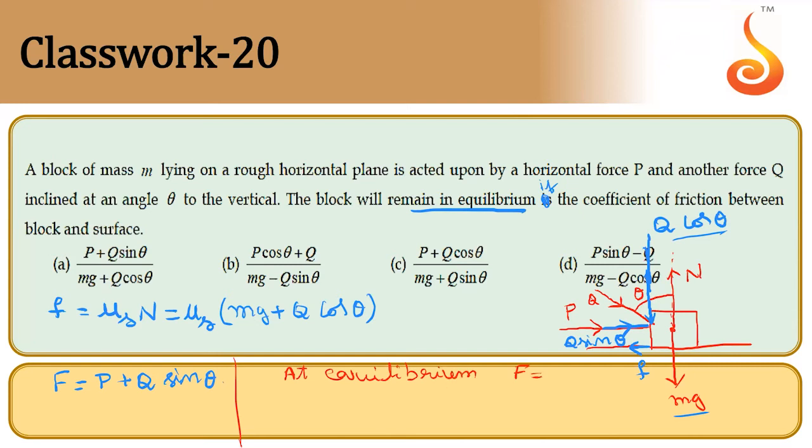Now at equilibrium, the applied force should be equal to the frictional force. So it should be mu s into (mg plus Q cos theta) equals P plus Q sin theta. So mu s should be equal to (P plus Q sin theta) divided by (mg plus Q cos theta).